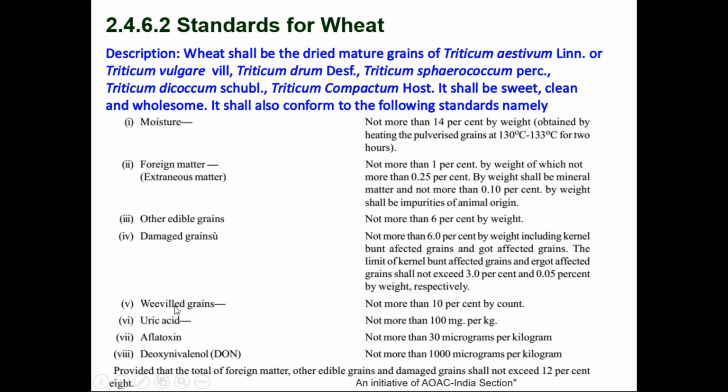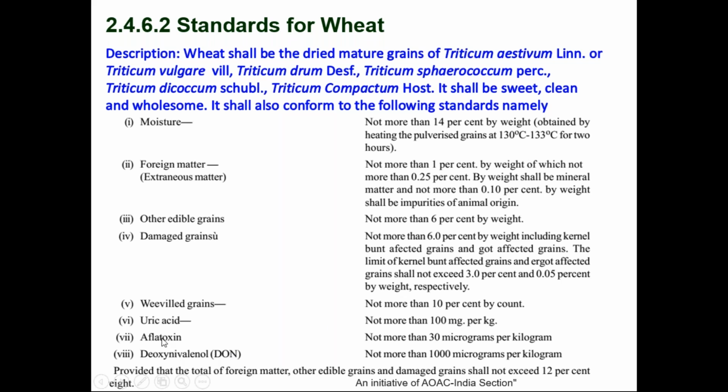And of course, uric acid is given a standard, not more than 100 milligrams per kilogram. Sometimes you cannot see the grains damaged by insects, but if you measure the uric acid levels, you know that it is infected with insects if uric acid exceeds 100 milligrams per kilogram, that is 100 ppm.